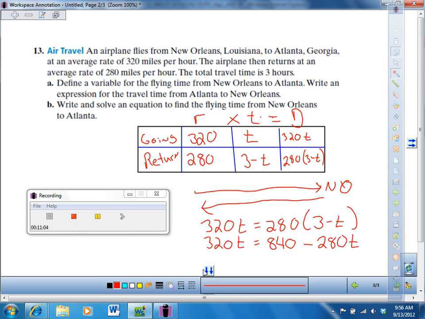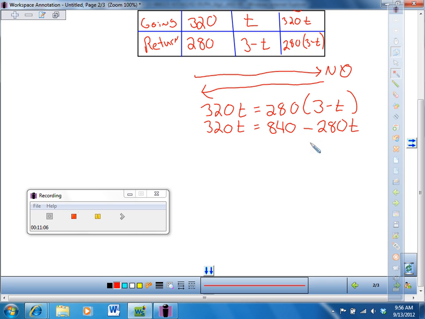Okay? Now it just becomes an algebra problem. Who can tell me what I do to both sides? Catherine. Very good. You add 280T to both sides. Nick said that too. Okay? 280T, and these go away.